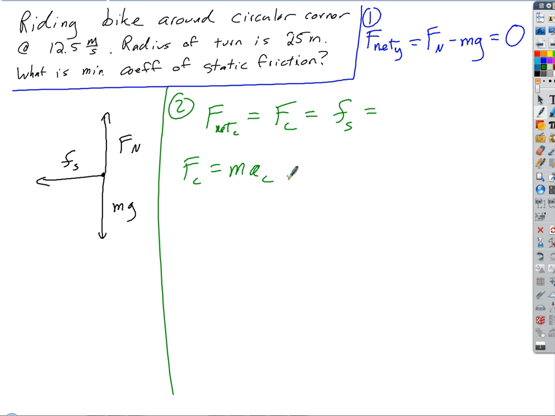And what's centripetal acceleration, Delaney? V squared over R. V squared over R is one expression for it, and that's the one we want to use because we've got a V and an R. So that's equal to M V squared over R. And so there's our other equation, equation 2. We know that the frictional force is the centripetal force.